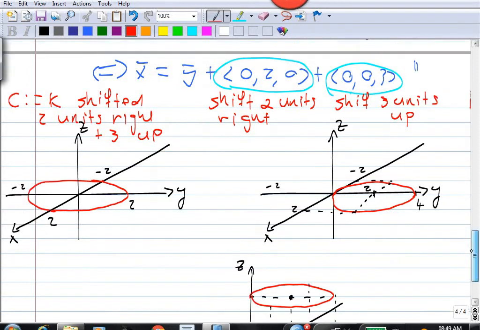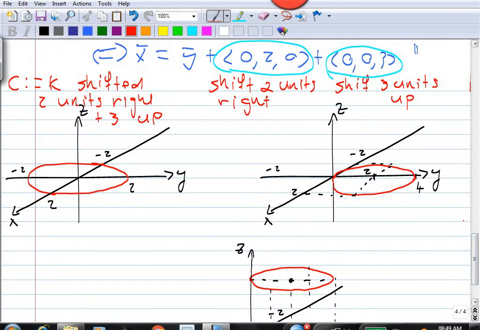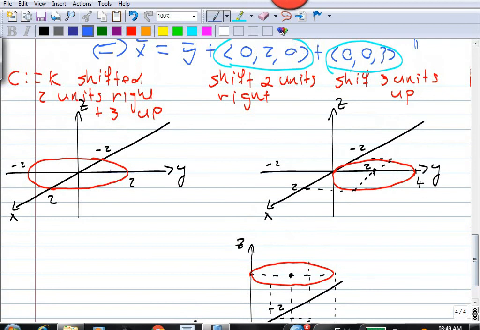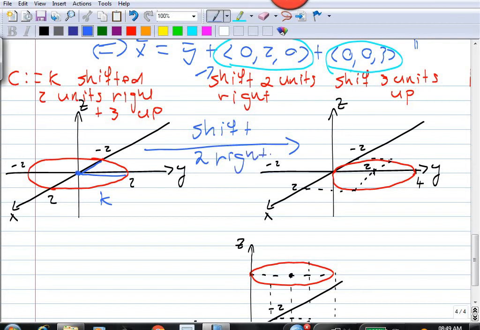So what does that tell us? Well, let's see. Here we've got K, the circle in the xy plane, center there at the origin, and with radius 2. So we take this curve and we add 0, 2, 0. So that means we just shift this whole thing 2 units to the right.